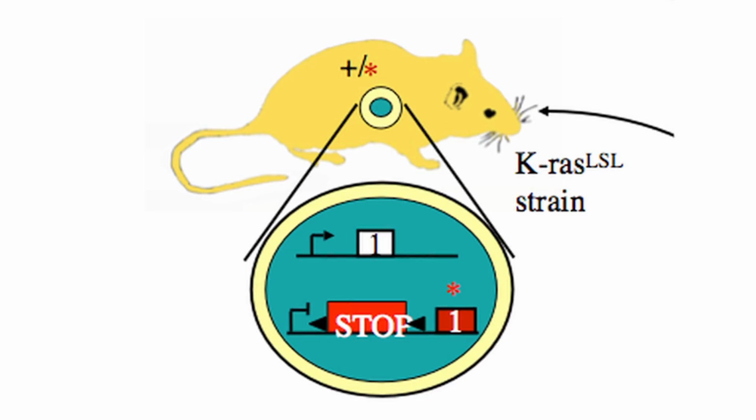And so what he did was to engineer this mutation such that it was not normally expressed, and that was because he put this transcriptional stop element in front of the mutation. And this stop element was flanked by special sequences called LoxP DNA sequences. And these LoxP sites or sequences are not normally found in the mammalian genome, but can be engineered here.